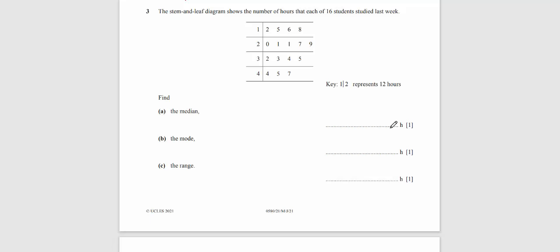We know there are 16 students here. Normally I like to call it the median position. The median position will be the total number of data you have, add 1 and then divide by 2. So you know the middle position will be at the 8.5 position.